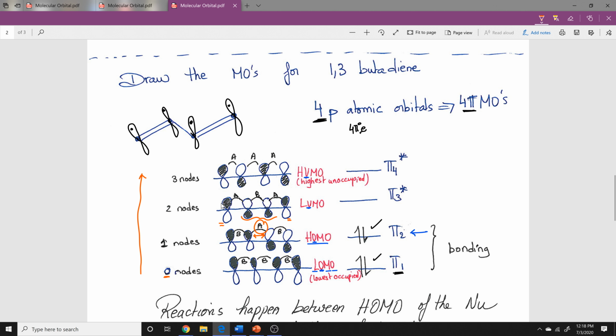The p orbitals on the edges are going to be different shades than the ones in the center, so that I can have my 2 nodes in there. And in the highest unoccupied molecular orbital, there is no bonding between any of these p orbitals. So basically you have 3 anti-bonding states in there. This is one interaction, 1, 2, and 3, so you're going to end up having 3 nodes.